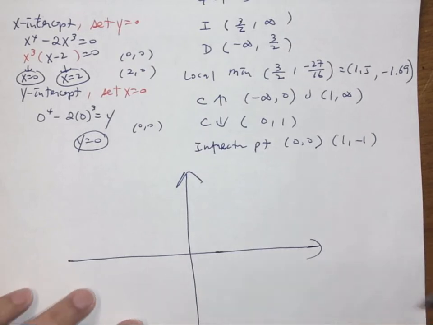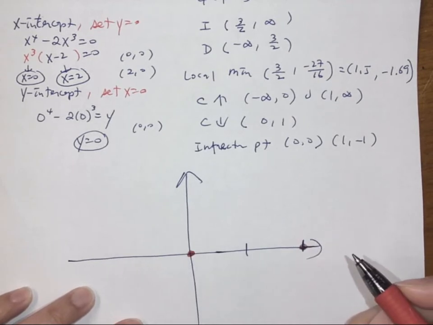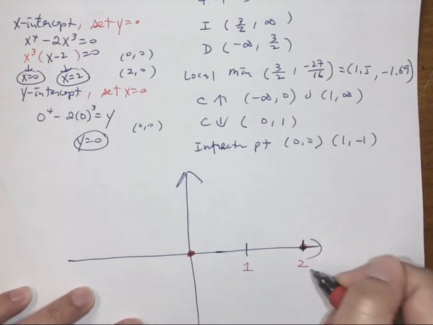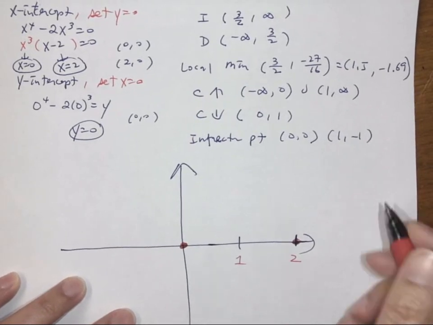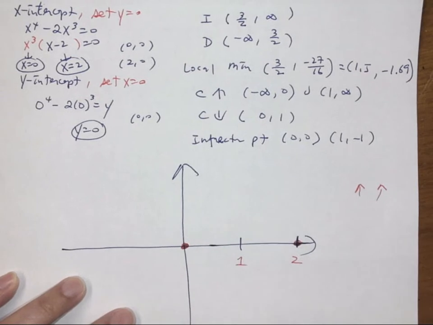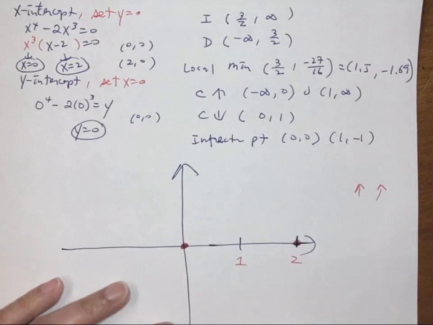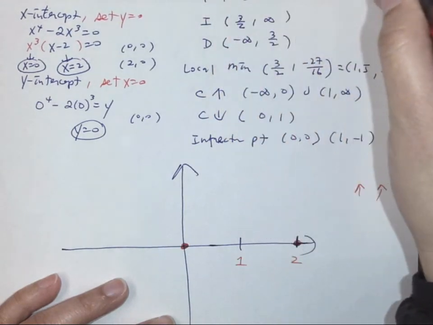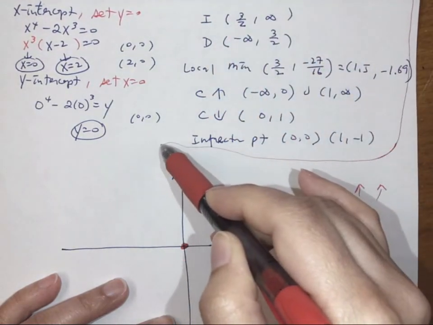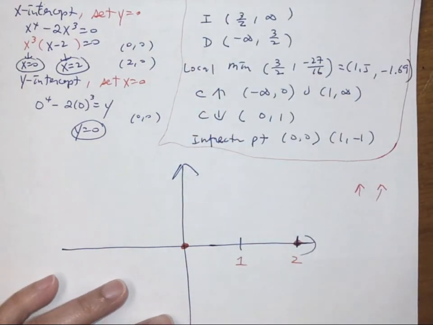So I have a point at 0, 0. I have a point at 2, 0. So let's make it pretty far apart so I can figure this out easier. Let's say this is 1, this is 2. So it's supposed to be both sides up, and these are all the information I have. I already plug in my intercepts.